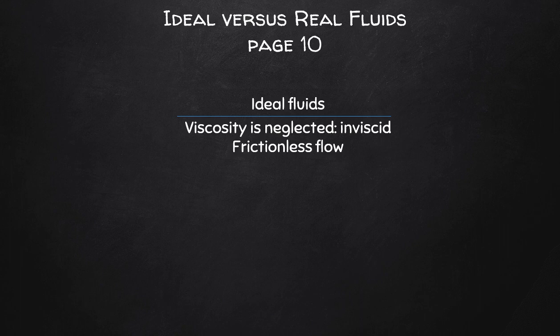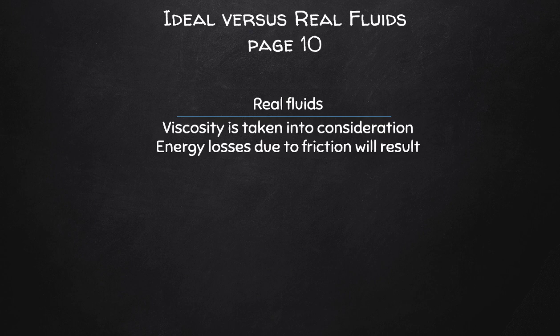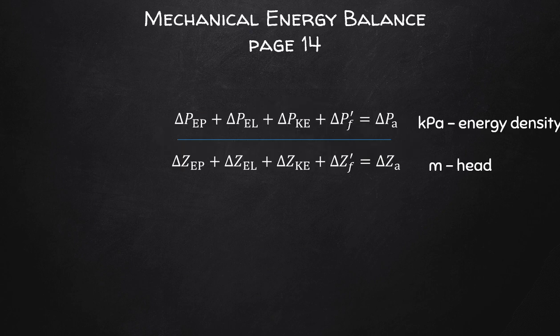But for real fluids, especially those running through the very, very long piping systems or pipelines that we will be familiar with as engineers, friction becomes more significant and must be accounted for when determining energy losses for the fluid in question, and you will learn why this is important shortly. In our analysis of fluid flows, we will adopt what is referred to as the mechanical energy balance.